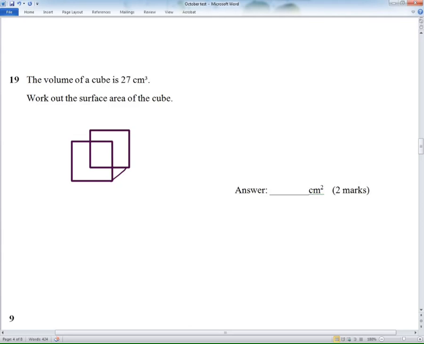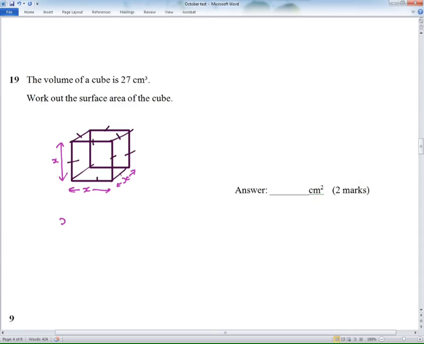So, this question asks for the surface area of a cube given its volume. Well, let's draw this cube. We know that in a cube all the lengths are the same. Okay, let's label the length to be x. So the depth is x, the width is x, and the height or the length is also x.